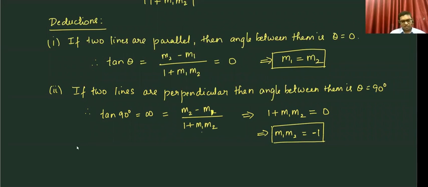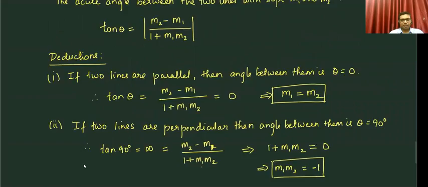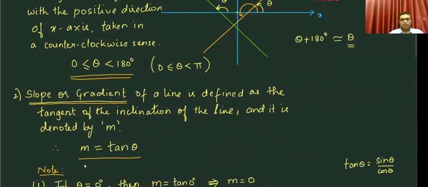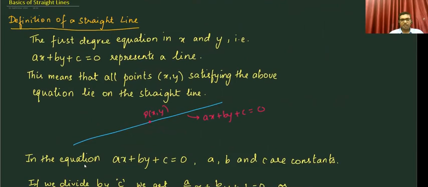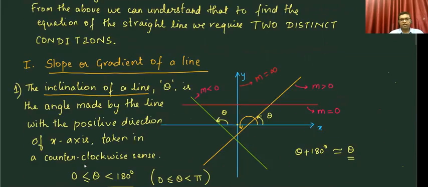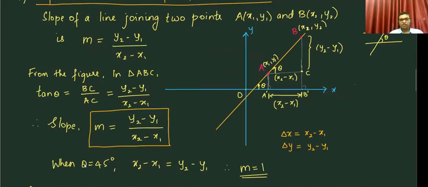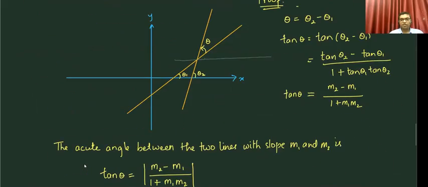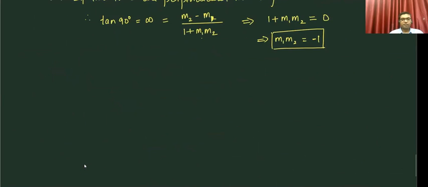So today we just discussed up to slopes only. I just discussed the basic equation of a line and the definition of a straight line and slopes and results of slopes. All these results of slopes are very important. Tomorrow's discussion will be equations of straight lines in different forms. Very important.